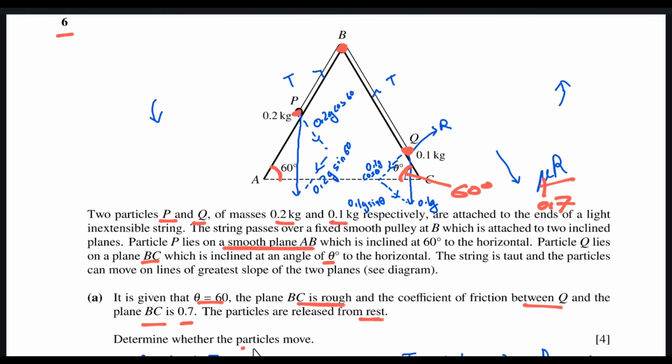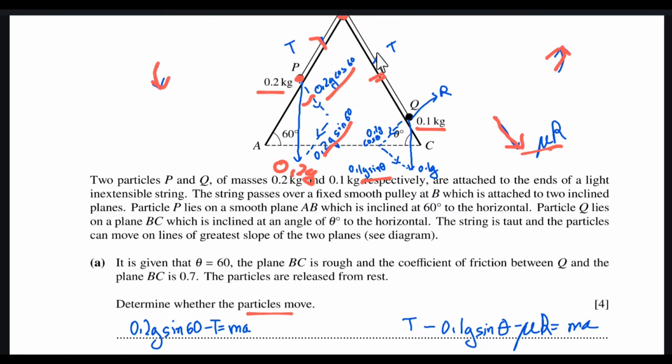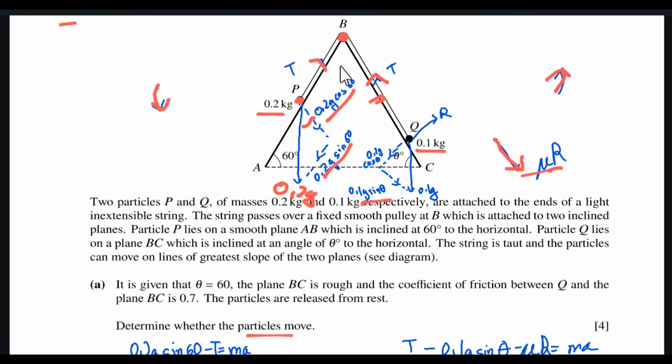For the 0.2 g weight, where g is the gravitational field strength, and the angle is 60 degrees, we need to find its components of force along the plane, and likewise for Q. This tension T is the same as this tension T, since the string is inextensible and free to move, so these two tensions are equal.